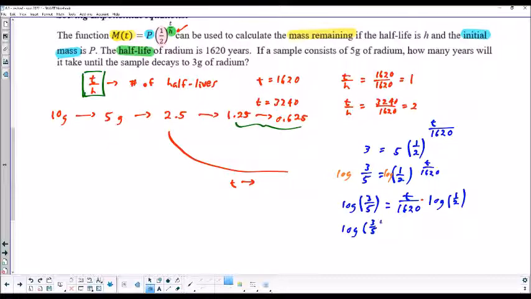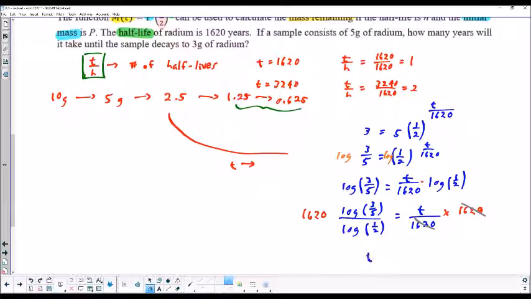Again, when you do this calculation, you have to take the logarithm of 3 over 5, divide by the logarithm of a half, and get your answer there. And now we've got on the right t divided by 1,620. And because that's division, we can multiply both sides by 1,620. And that leaves us with t.